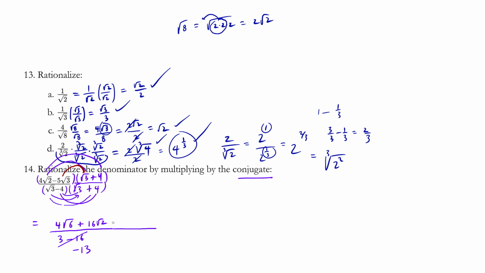This becomes negative 5. Root 3 times root 3 becomes simply 3. And let's do last. This times this now becomes negative 5 times 4 is 20. So 20 root 3. As you can see, we can clean this up a little bit more. Minus 5 times 3 is negative 15.